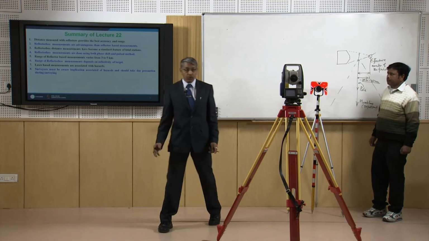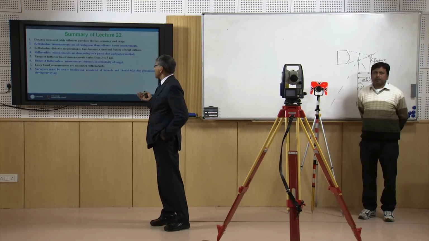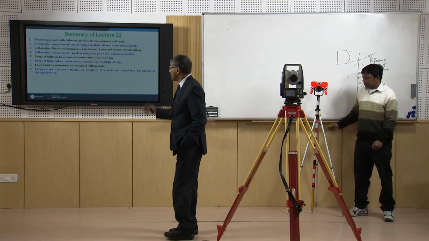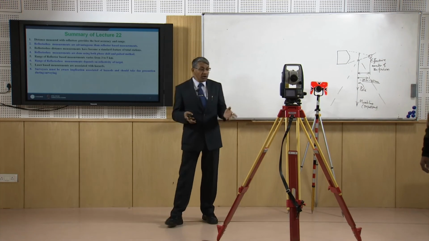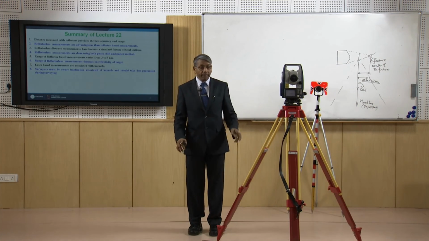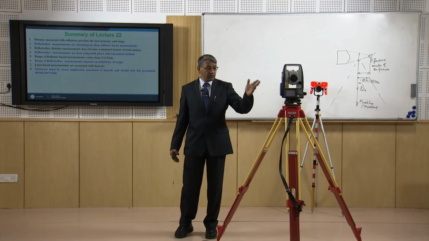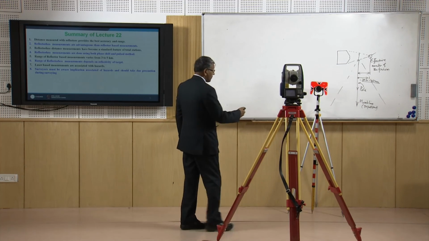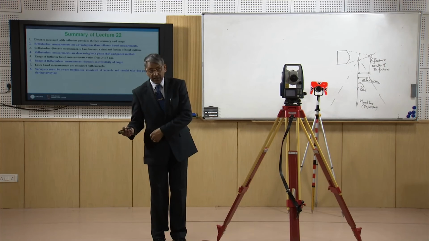With this I would like to conclude the deliberation on this topic. However, I would like to summarize. Distance can be measured using total station, using a reflector, or along with total station we may use a reflector, or we may also use without reflector.